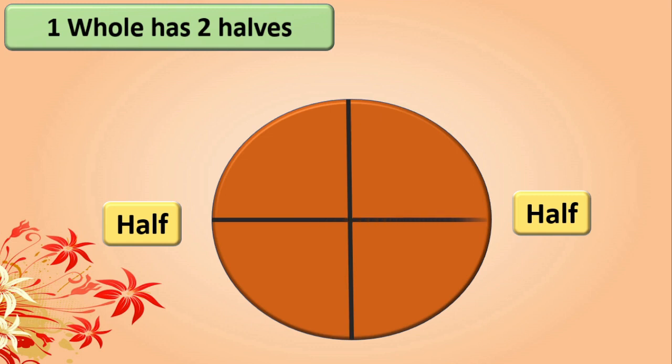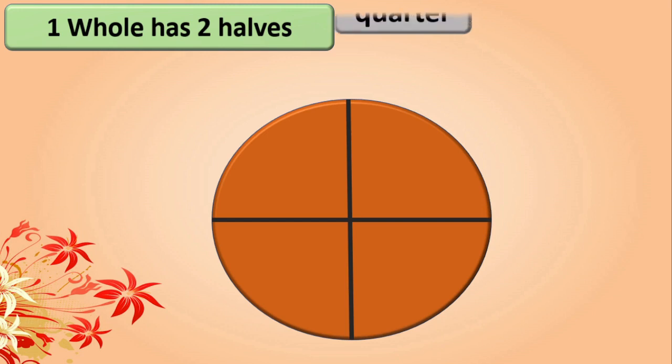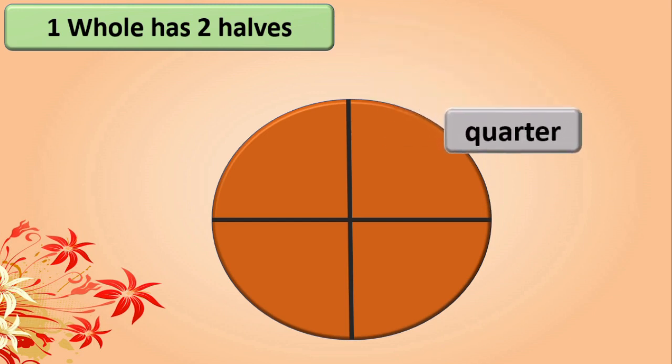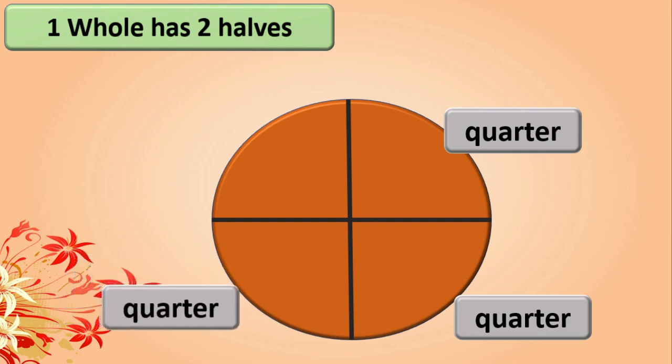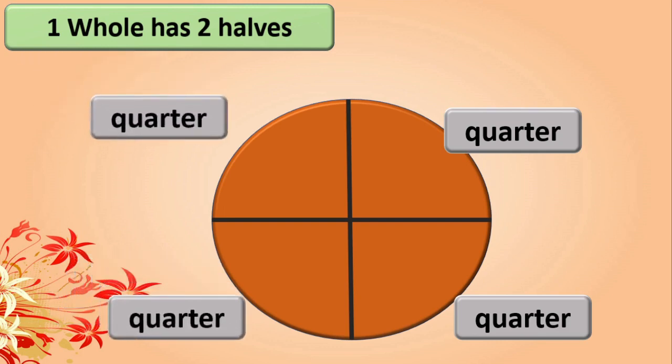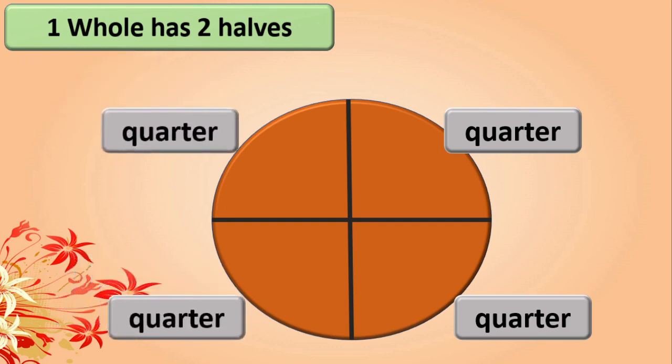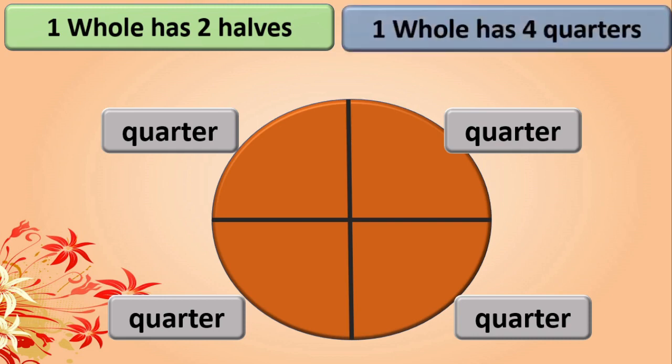See this? Now we got 4 equal parts. Now each part is called here the quarter. What we call a quarter of this whole. How many quarters did we get here? Yes, 4 quarters we got. Means we can say that one whole has 4 quarters. Okay, remember this.